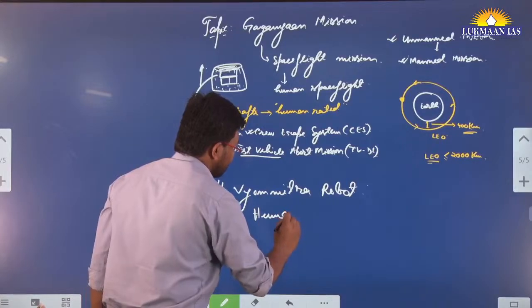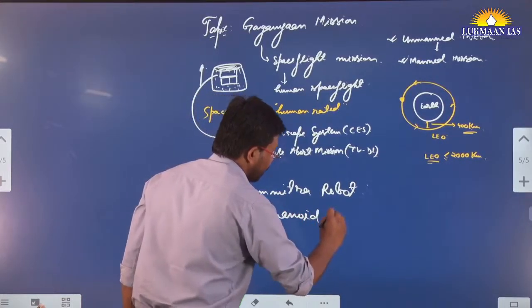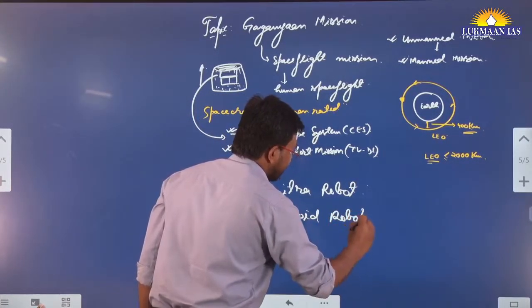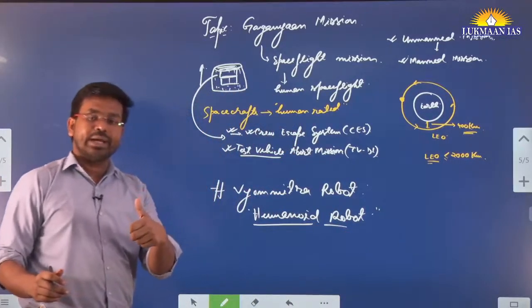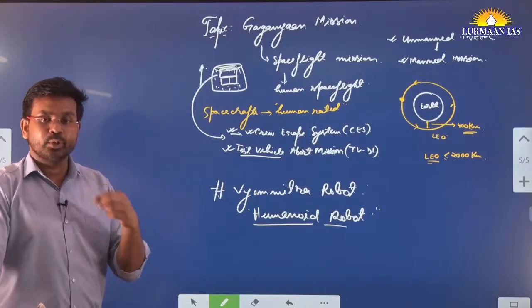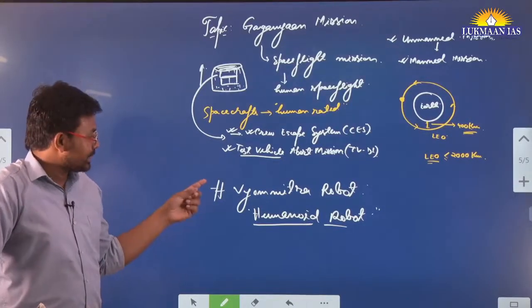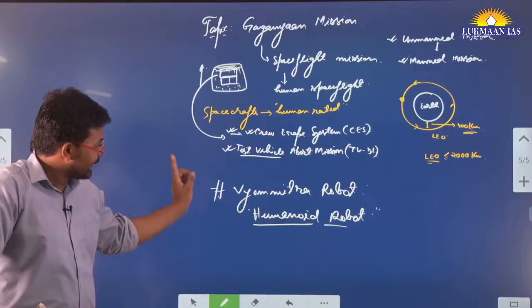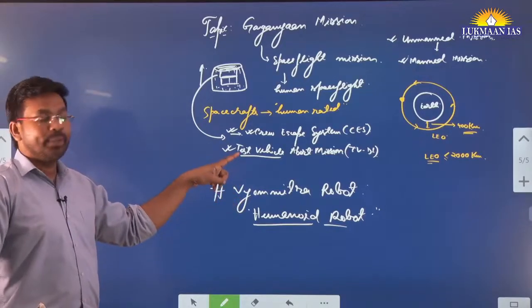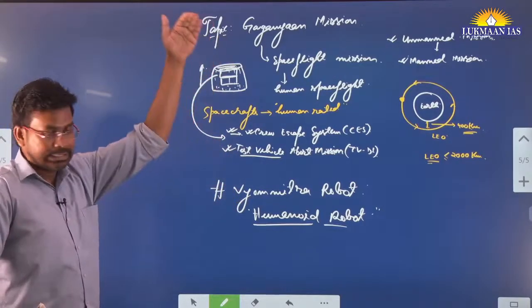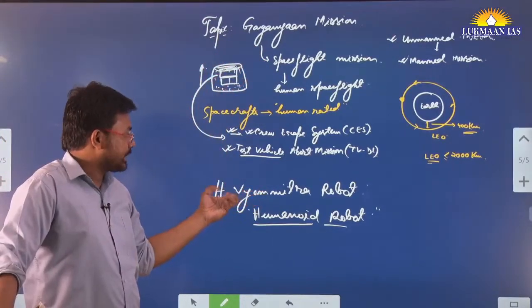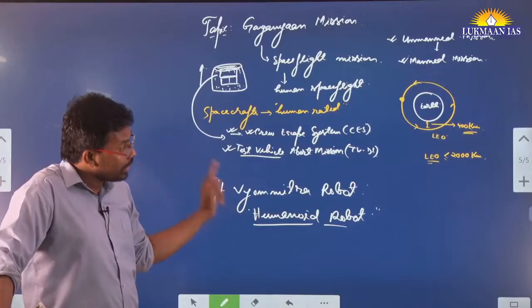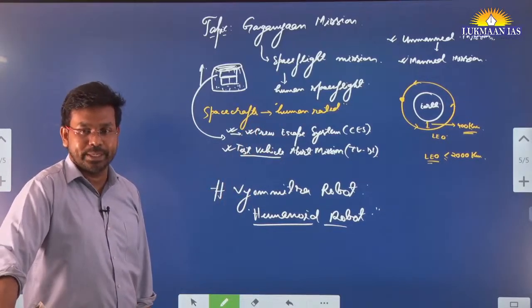It looks like a human, and it is able to speak also. While testing, they are going to send the Vyom Mitra robot, and if it is able to achieve the targets of the mission, only after that are they going to send the human beings.